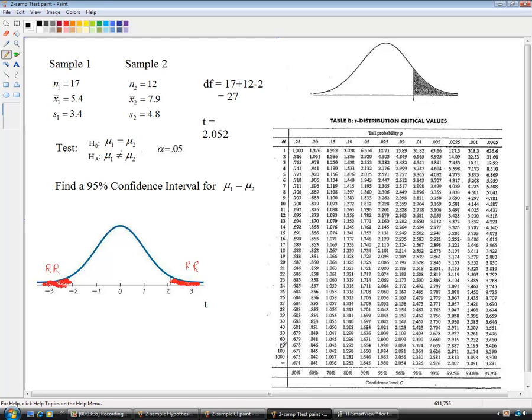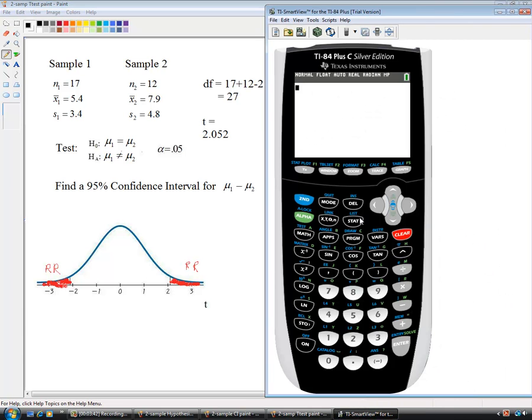Alright, so according to this, we're running the 2-samp t-test. So stat tests 2-samp t-test is number 4. We have statistics. Our x1 bar is going to be 5.4, so we're going to enter 5.4.